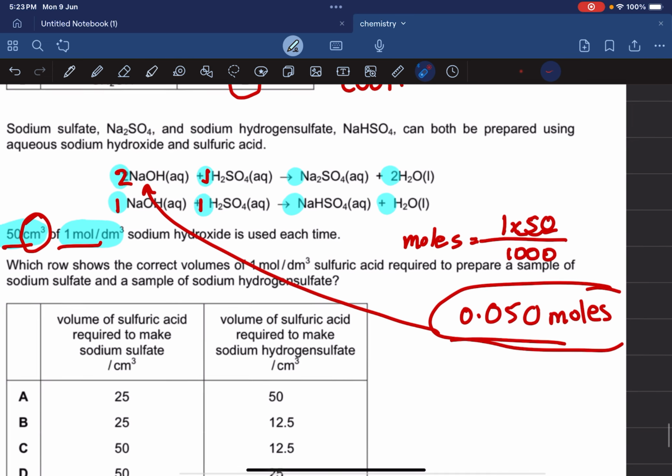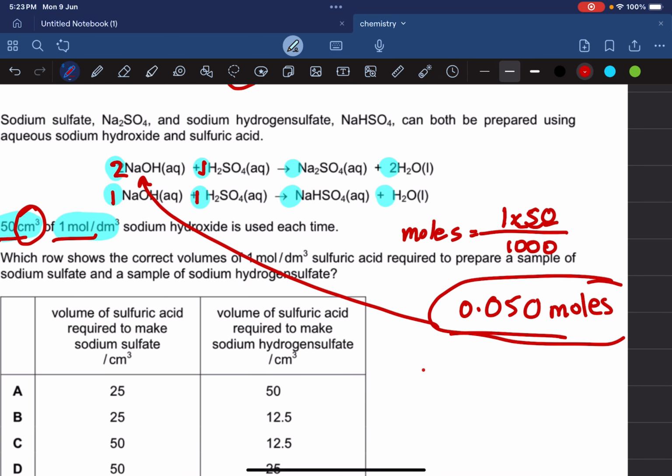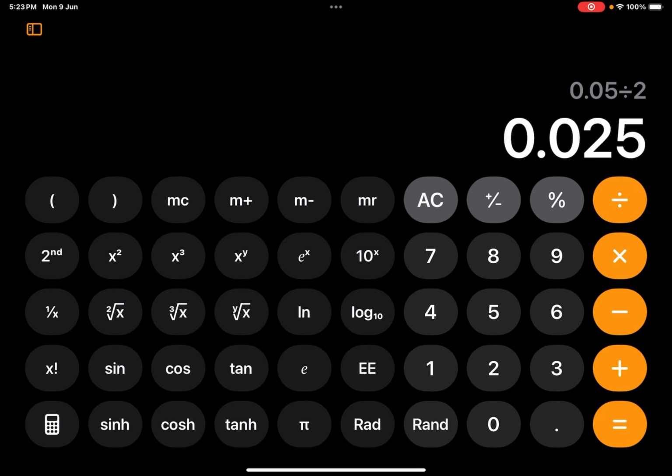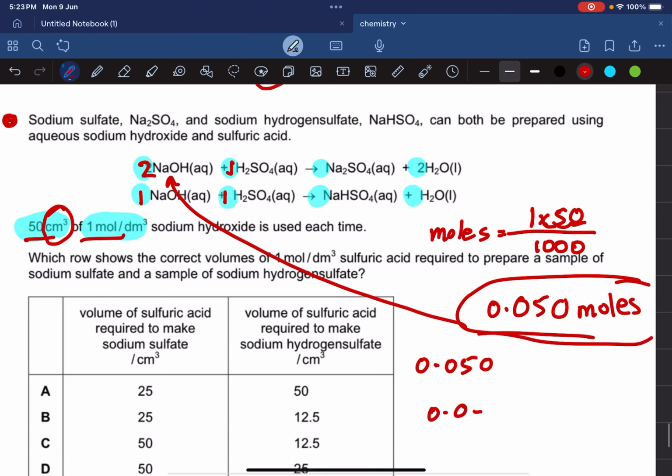So we half the moles of our sodium hydroxide, 0.05 divided by 2, which gives me 0.025 moles of my sulfuric acid.